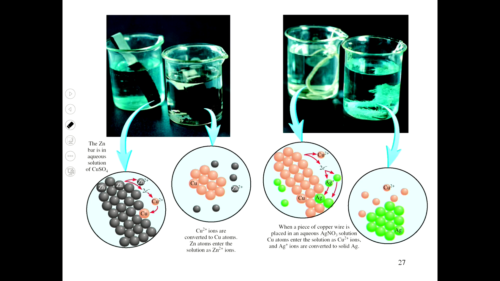It goes into the solution, and the silver cation from the solution covers the surface of the copper. So here this is the copper bar, and finally, on the surface of the copper bar, we can find the silver.